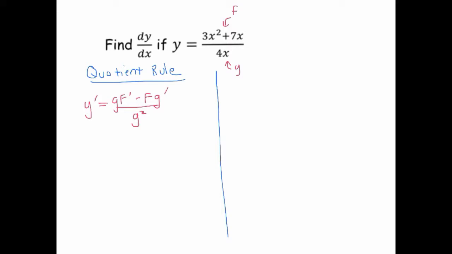And so if I call f 3x squared plus 7x, that means that f prime is 6x plus 7, and that means that g prime is just 4.